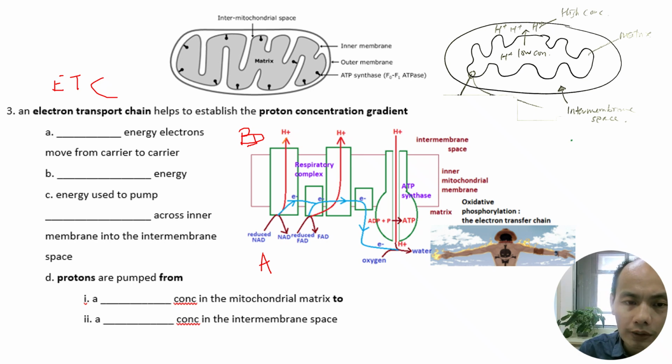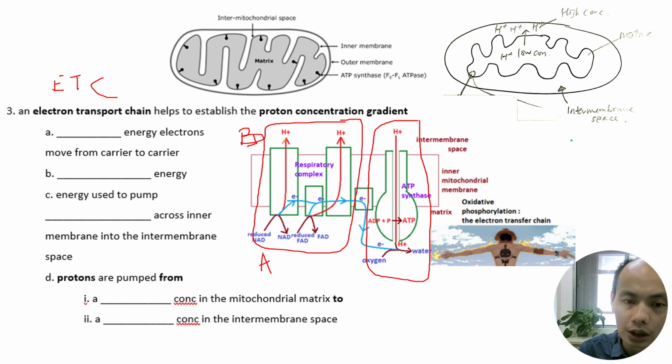So the answer is B to A. So this part is passive transport, and A to B is active transport. Active, passive. And my next question is, does A to B or B to A produce ATP? Okay, so we will know the answer in part 3.